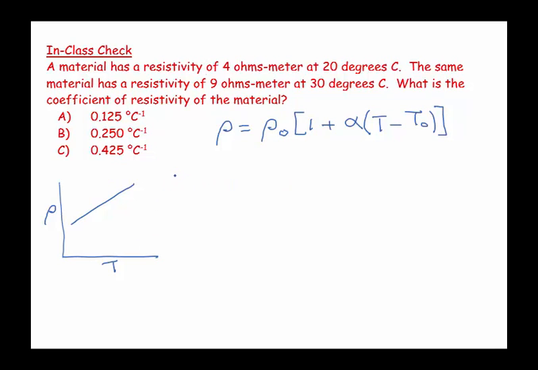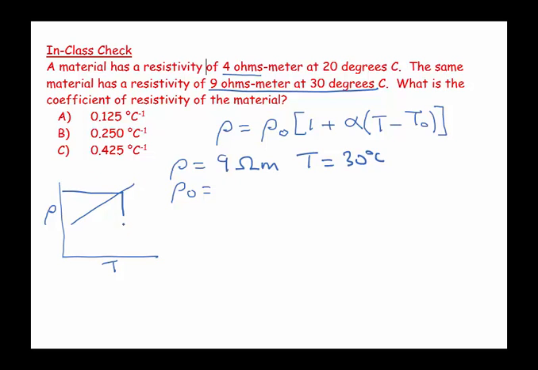So what do we know? The new resistivity I know, and the new resistivity is 9 ohm meters, and the new temperature is equal to 30 degrees C, and if you like, that's a point on here.